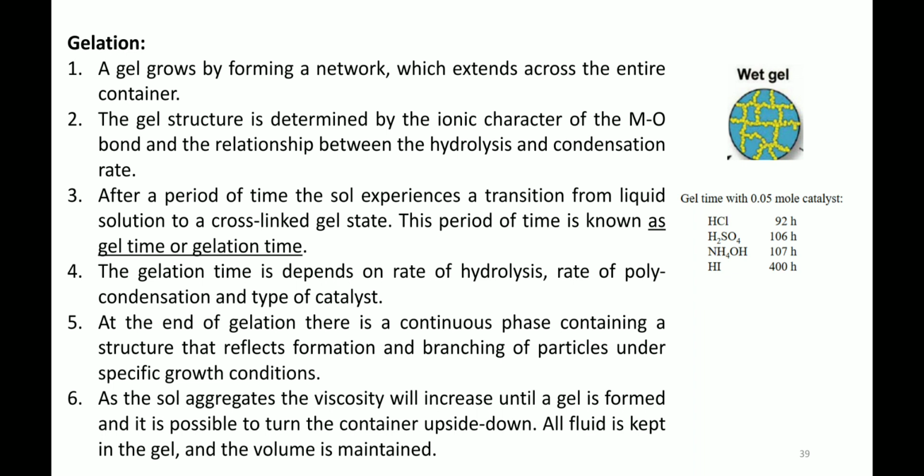It is not a rapid process, it is a slow process, because step by step there is olation and oxolation happening, and it has to happen all through the sol so that the entire sol gets converted into gel. So the period of time is known as gel time or gelation time. Whatever period is required for complete conversion of sol into gel, that time we call the gel time or gelation time.